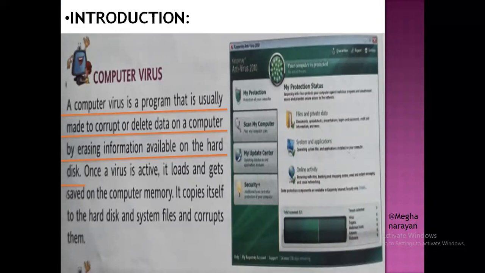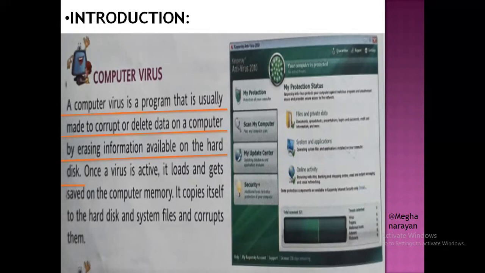A virus may also be doing something in a dishonest way. These are the sort of things a virus would be doing. At the same time, a virus is even capable of deleting the data of a computer. It can even erase the information which is available on the hard disk.